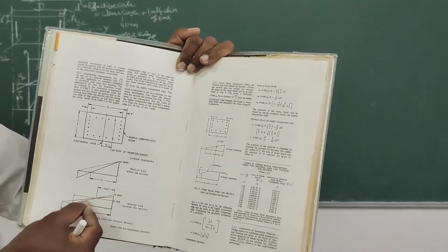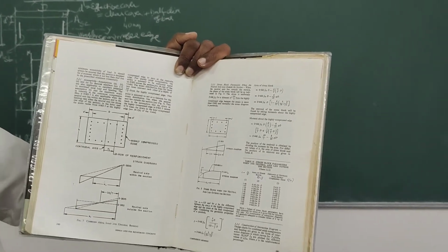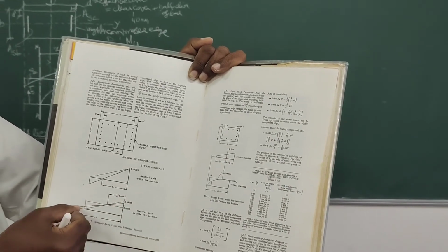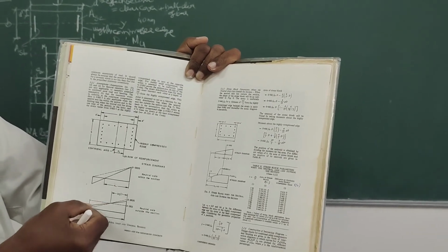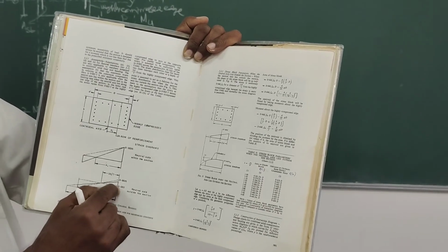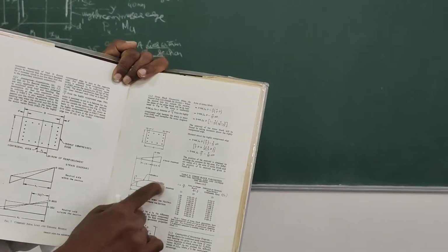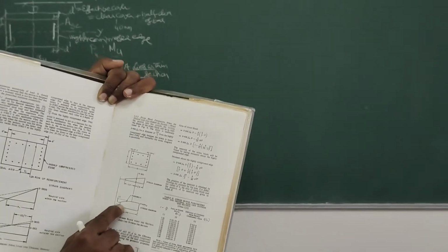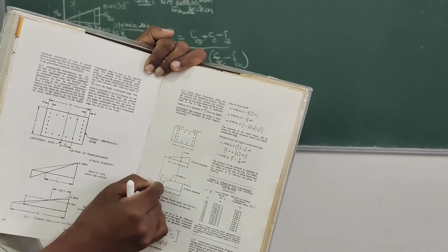This line corresponds to the strain diagram of the actual case, and this dotted one from 0.0035 to the edge is when the neutral axis lies at this particular edge, and this corresponds to 0.002, and the corresponding stress diagram is shown here. That's what I have drawn at the bottommost point. At this edge, we will have a triangle.